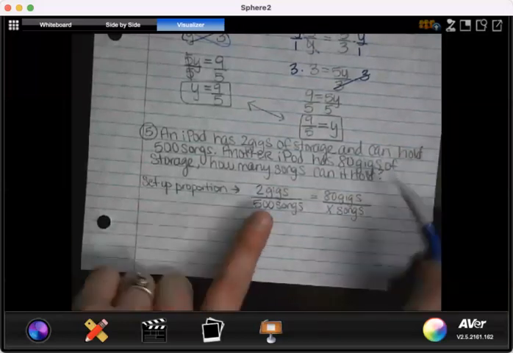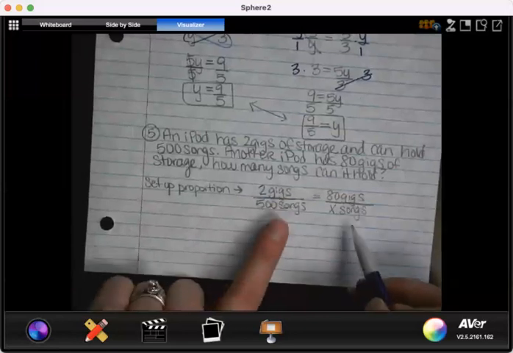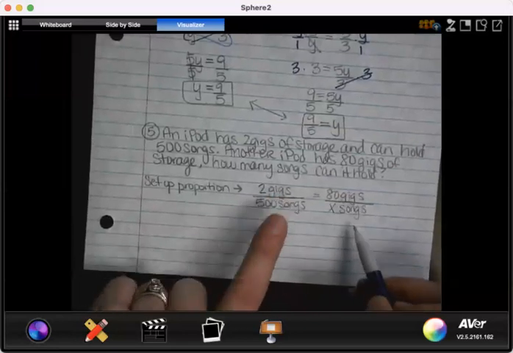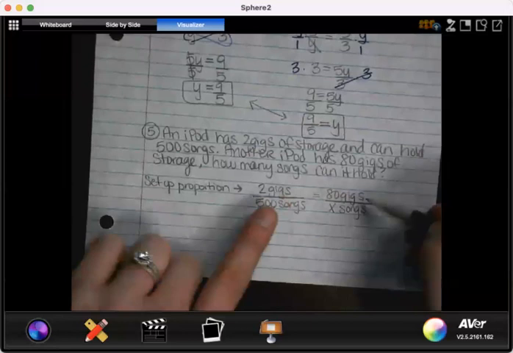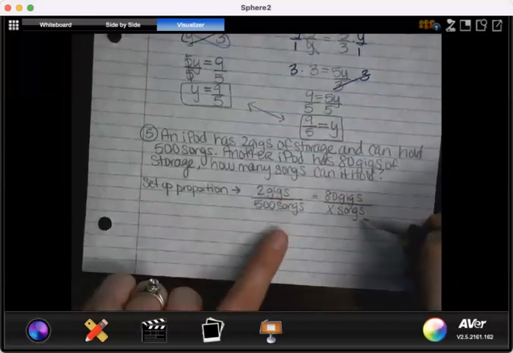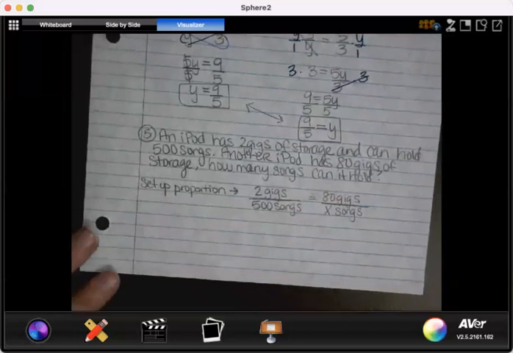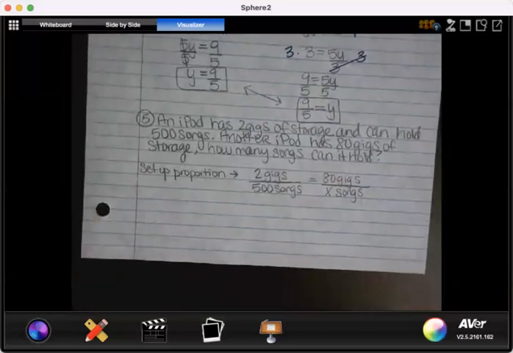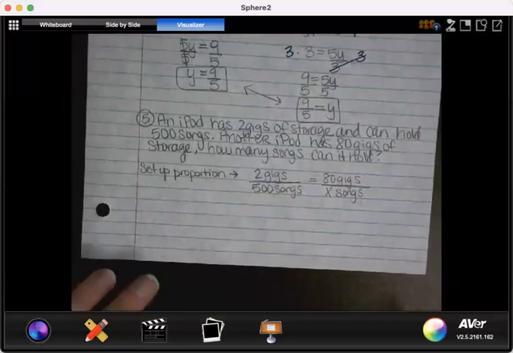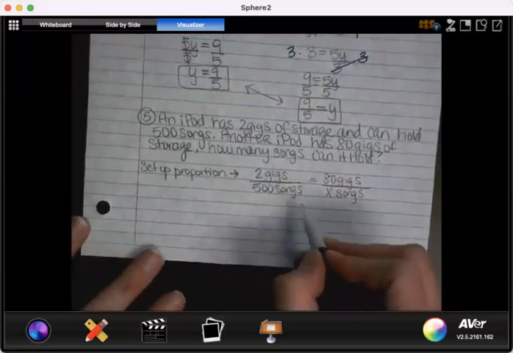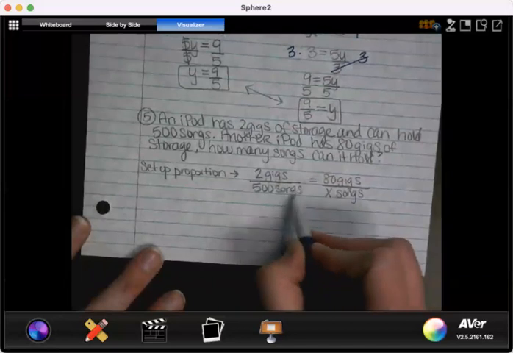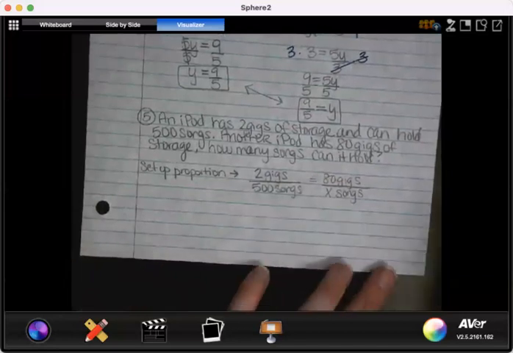And as you notice, I have gigs on top and songs on bottom. So it must be set up so where the same units are on top and the same units are on bottom when we're setting up two equal proportions. Okay, we don't want them opposite. We're not trying to cancel out the units. We're just setting up the units to be in matching parts.